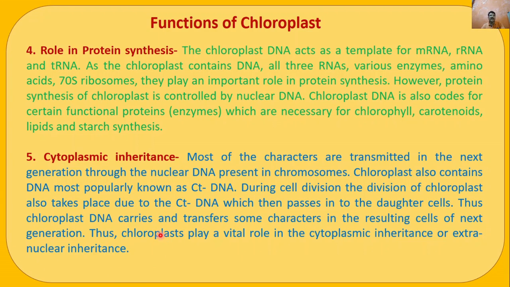Thus, chloroplast DNA carries and transfers some characters to the resulting cells of the next generation. So chloroplast plays a very important role in cytoplasmic inheritance, also known as extranuclear inheritance. These are very important functions of chloroplast.